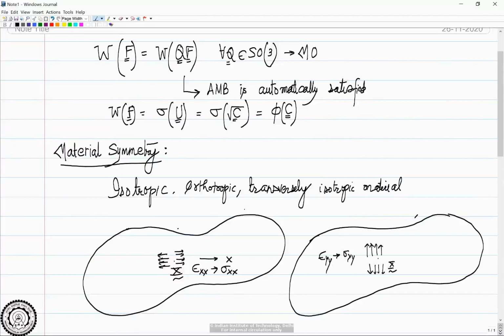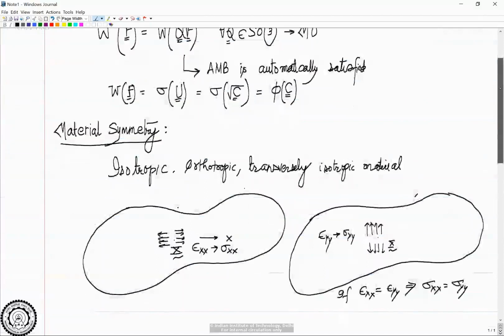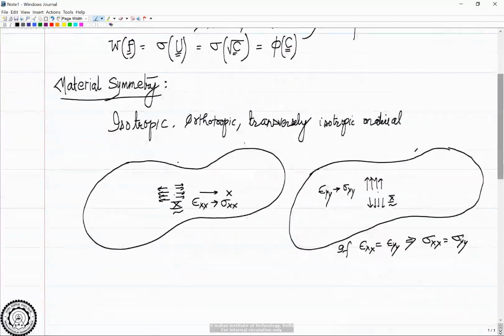It might generate other stress components also. And if it's an isotropic material, then we know that if epsilon xx is equal to epsilon yy, then sigma xx will also be equal to sigma yy. This is what we know about isotropic materials, that the response of the material is the same in all the directions.